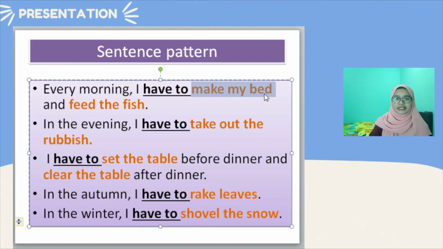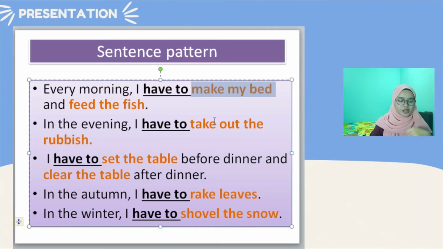So the sentence pattern that is repeatedly used in the reading text is S plus V plus C, which equals subject plus verb to have plus complement. Okay, you understand, right? If you have any questions, you can just ask me right away.